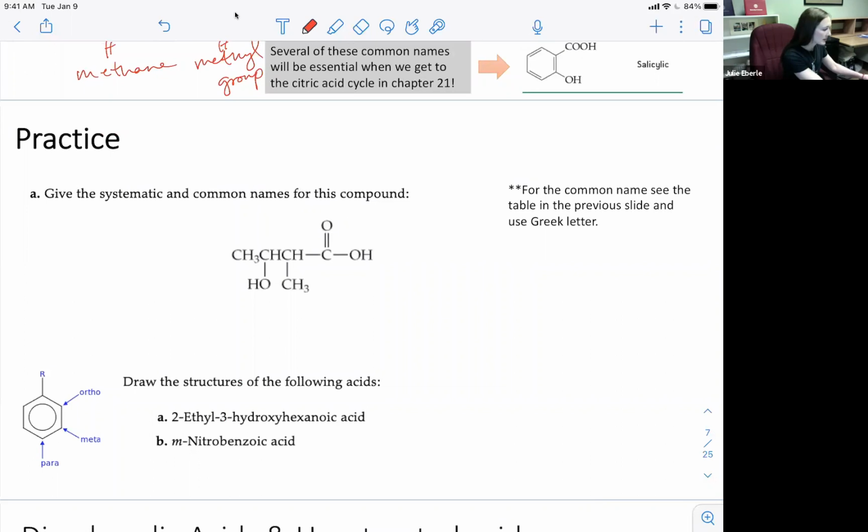Take a look at this and try to name it systematically. Anybody want to throw out a suggestion for the systematic name?